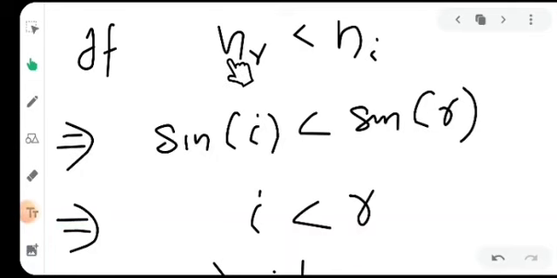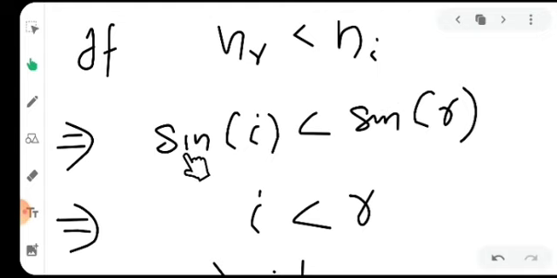And if Nr is less than Ni, that is, in the previous equation, if the numerator is less than the denominator, this implies the numerator on the left-hand side should also be less than the denominator.